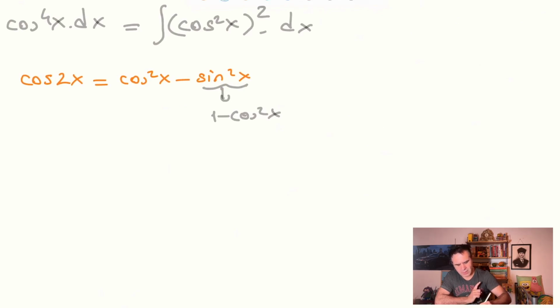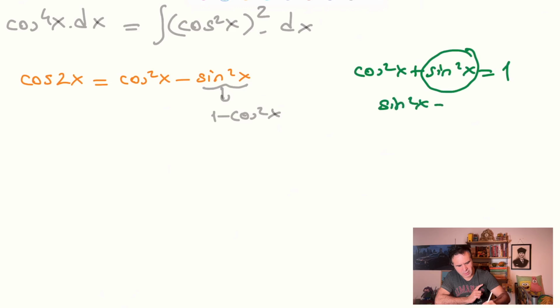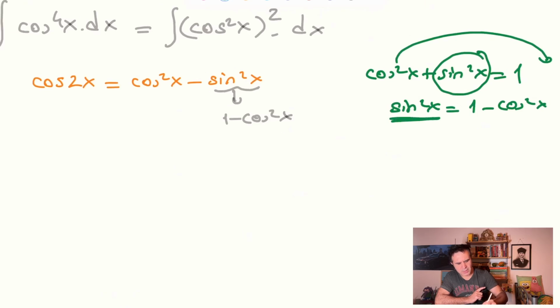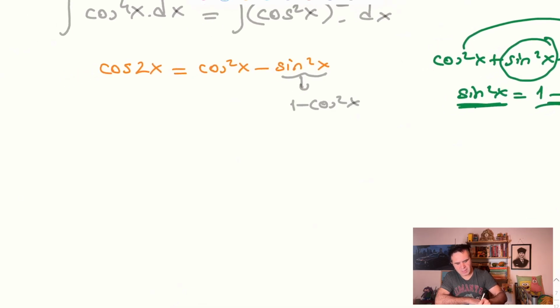You know the equation cosine square of x plus sine square of x is equal to 1. So for sine square of x, I take the cosine square to the other side: 1 minus cosine square of x.